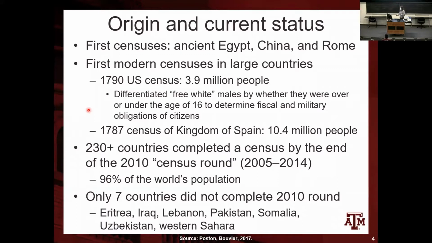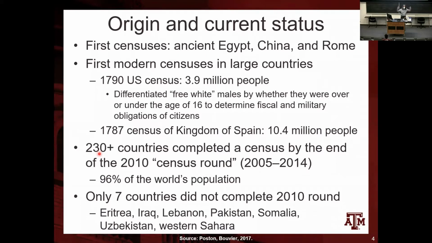Another example is the 1787 census of the Kingdom of Spain that counted 10.4 million people at that time. And by 2014, counting all censuses, all countries that collected census between the years of 2005 and 2014, more than 230 countries collected census about their population.